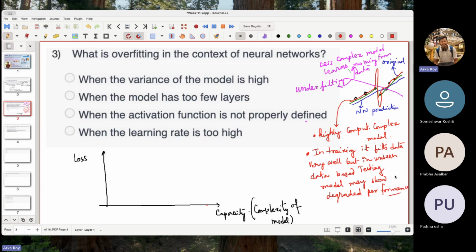One real life example: if you are teaching mathematics to a kid, and there are 3 to 4 exercises for a unit test, and he has solved those 4 exercises 100 times, by natural human tendency, if you solve the same thing repetitively, you will be able to memorize it very well. The same thing happens in a high computationally complex model.